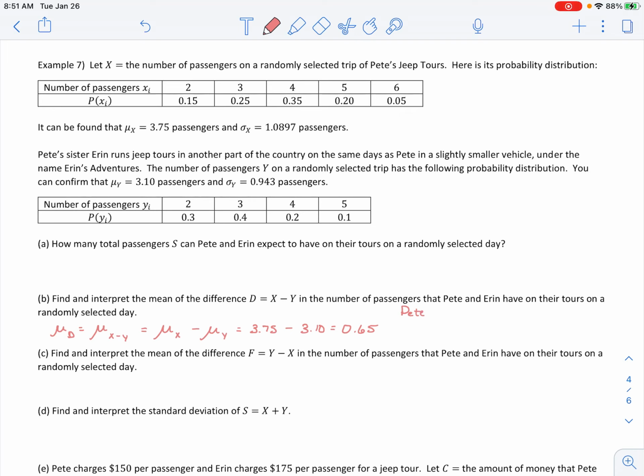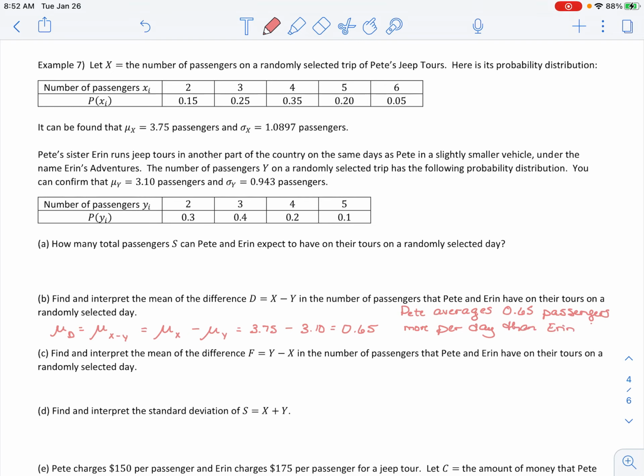Since I subtracted Pete minus Aaron and got a bigger number, Pete must have more per day than Aaron on average. You could also say that Aaron has 0.65 less than Pete. Those are equivalent statements.